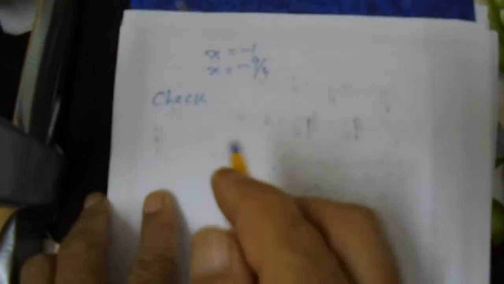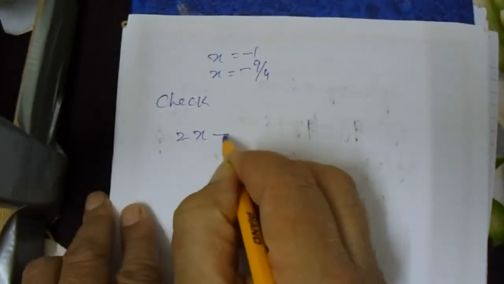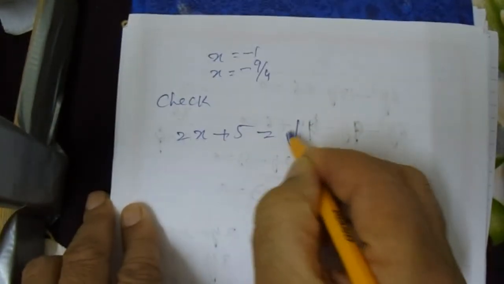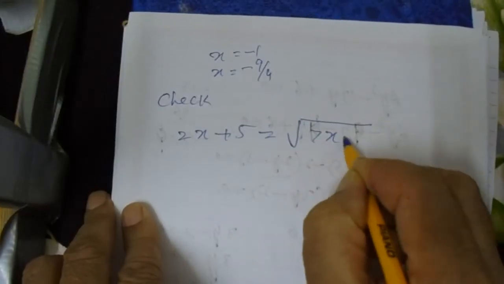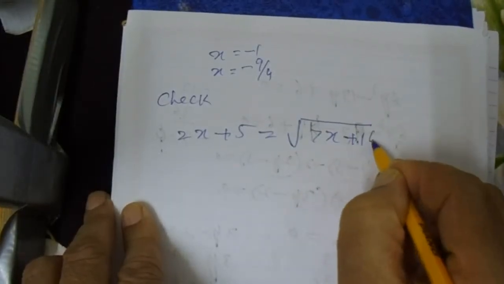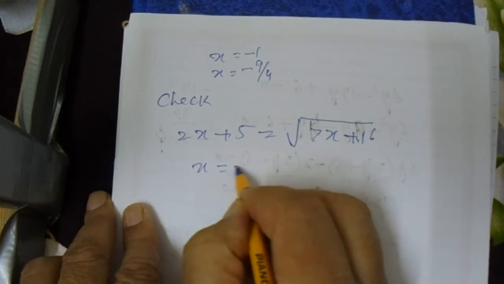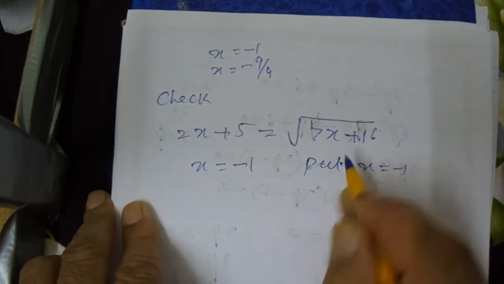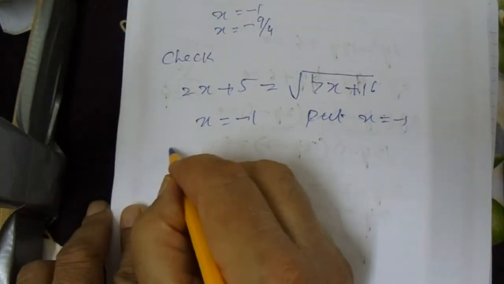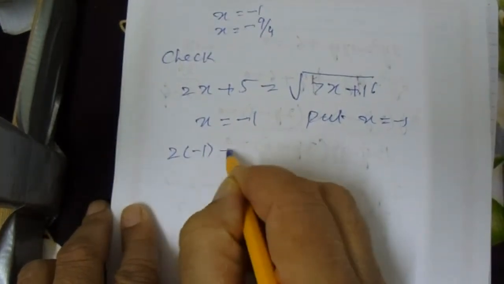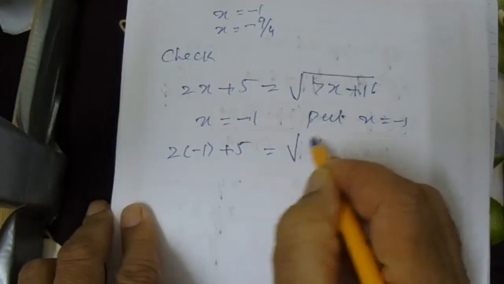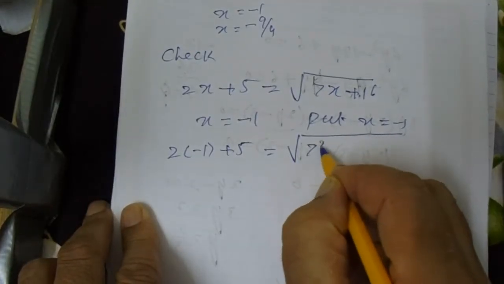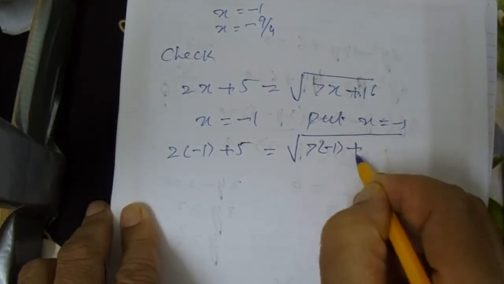Now we write again the equation: 2x plus 5 is equal to under root 7x plus 16. First x is equal to minus 1. Put x is equal to minus 1 in this equation. 2 times minus 1 plus 5 is equal to under root 7 times minus 1 plus 16.